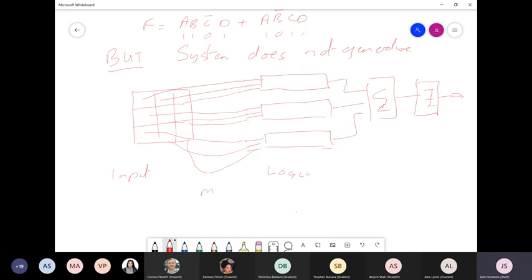So this is the mapping. And it is row by row. Just for this example, real life, it would be random. So these are going to be the inputs.